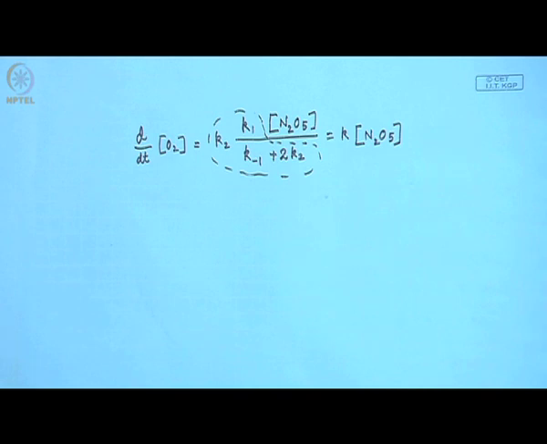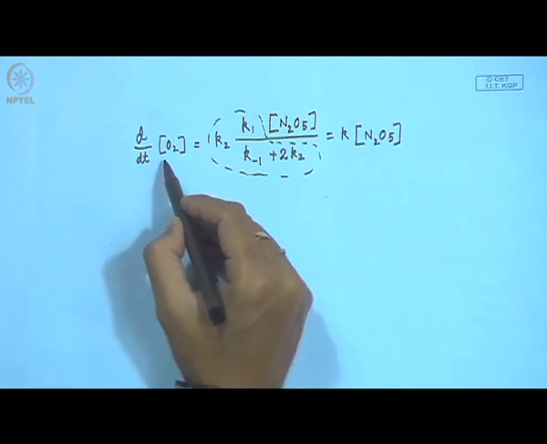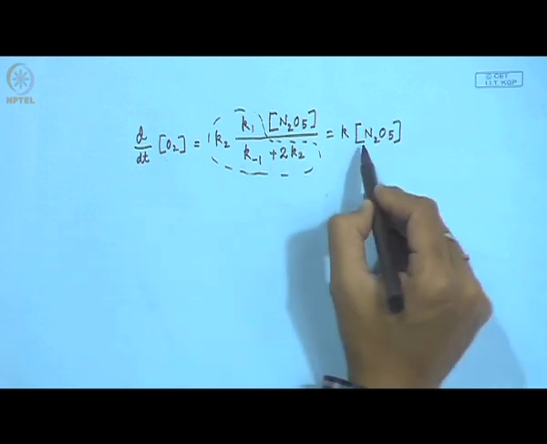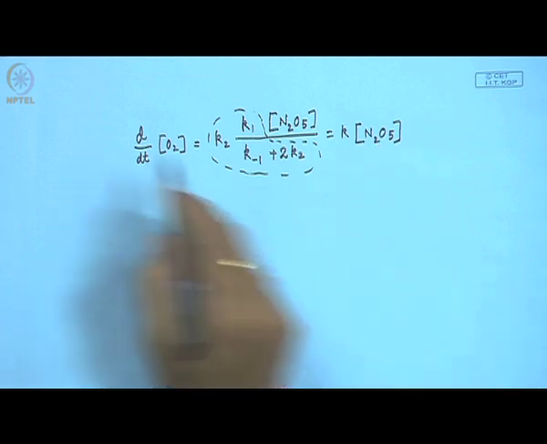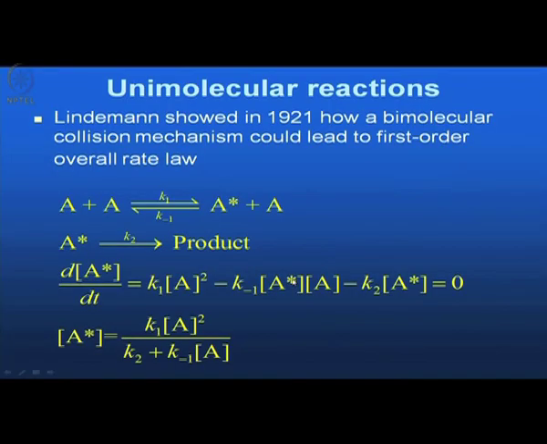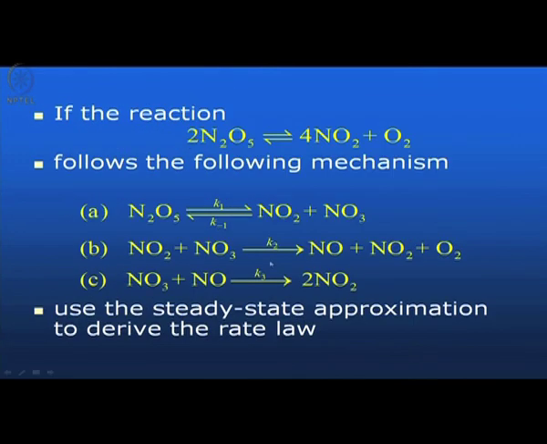Therefore, you see that the rate of formation of O2 is proportional to the concentration of nitrogen pentoxide. So, although its stoichiometry is 2N2O5 giving rise to 4NO2 plus O2, the rate of production of O2 is only first power of the concentration of N2O5.